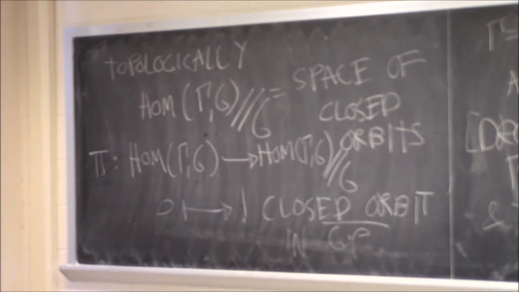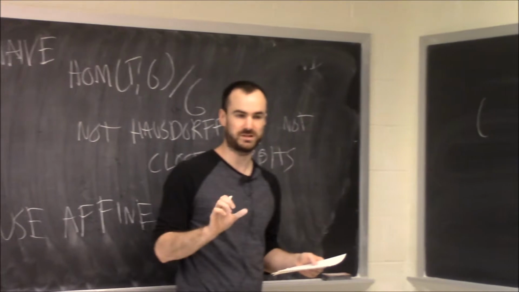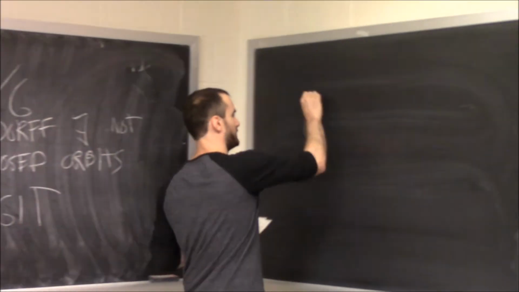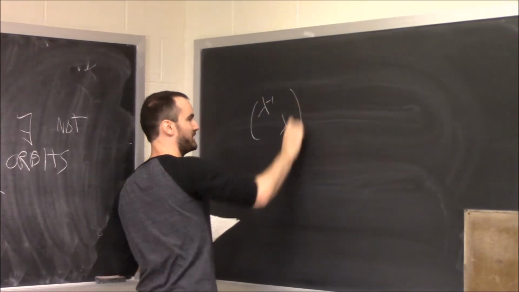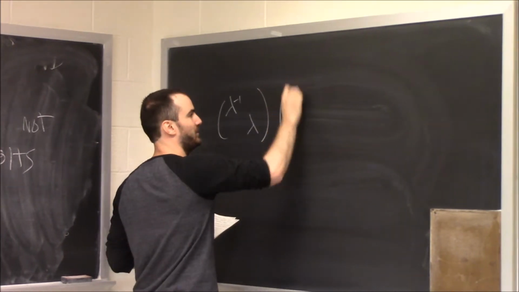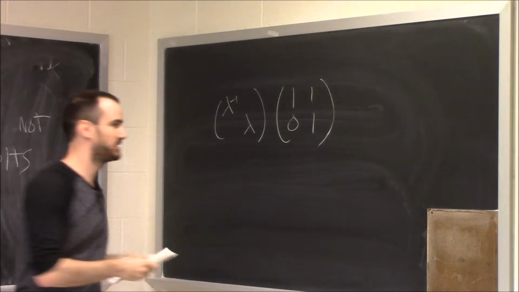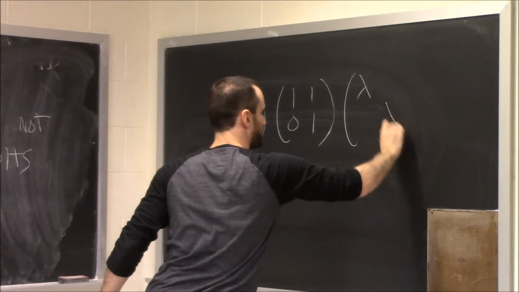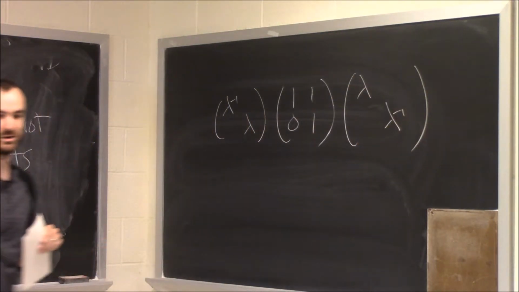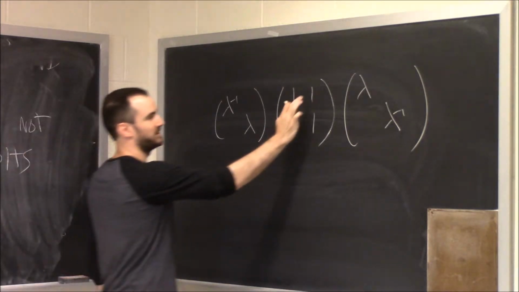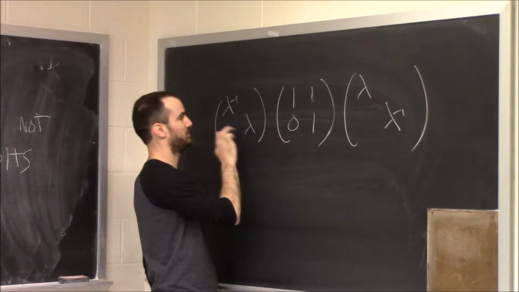And maybe I'll put a concrete example. So if we're thinking about the most naive thing going on, 2 by 2 matrices acted on by conjugation, here's the easiest non-closed orbit. If you have something like the matrix with rows (1, 1) and (1, 0), and you're acting by conjugation by these diagonal matrices, so this is like SL2 acting by conjugation on itself, then you can make this upper right entry as small as you want by taking a limit of these.